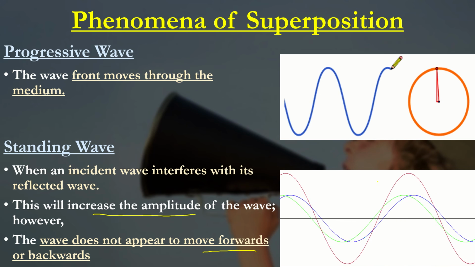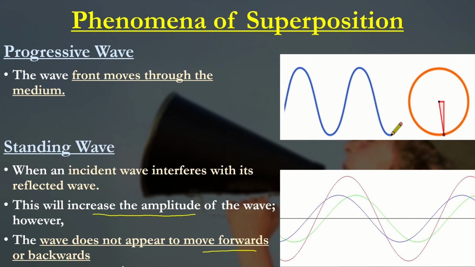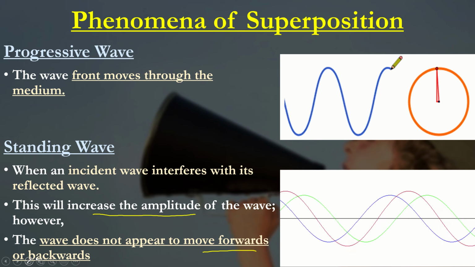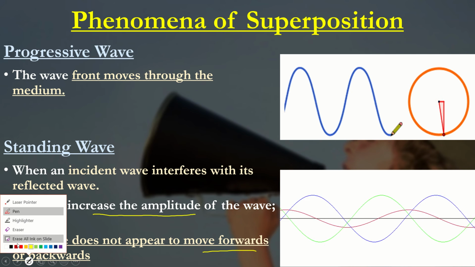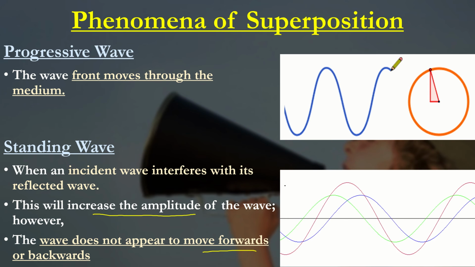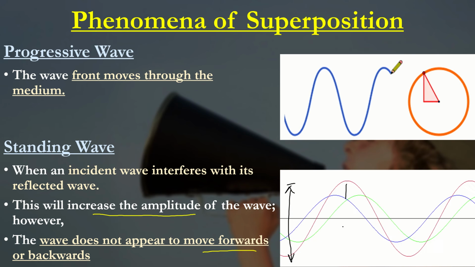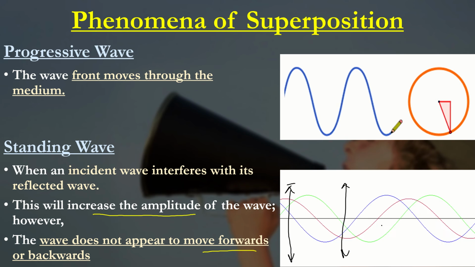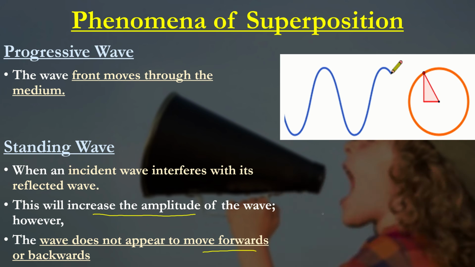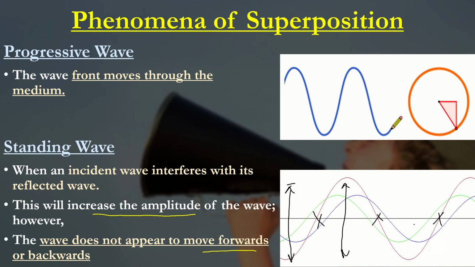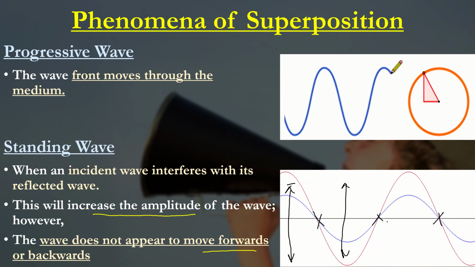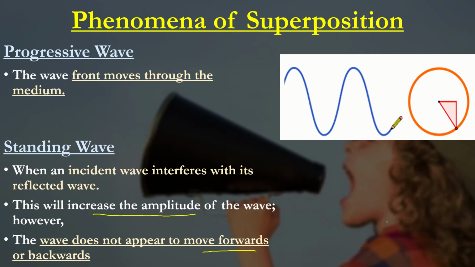If we look at this standing wave that we have here, you can see overall it's just propagating between 2 points. The wave itself, this bit, this bit, this bit here, they haven't actually moved at all. So that's what we mean by a standing wave.